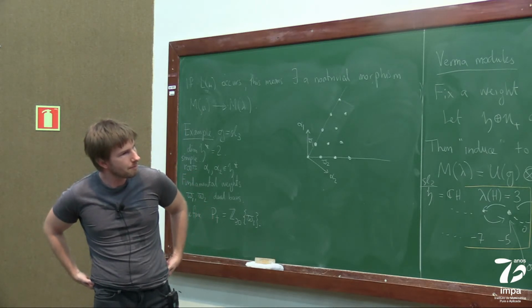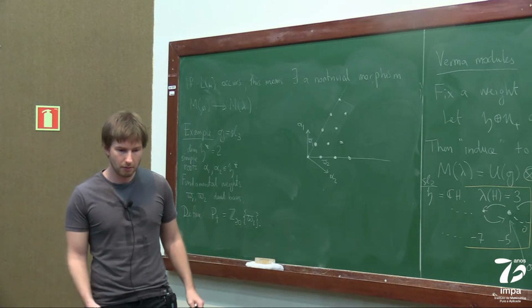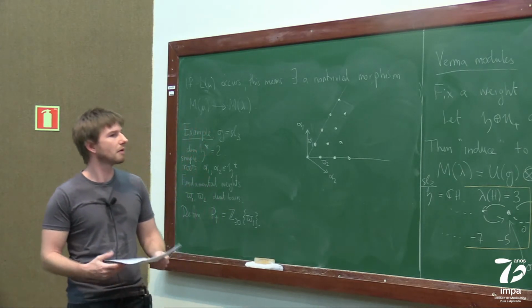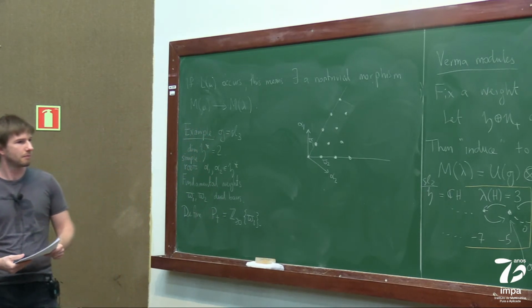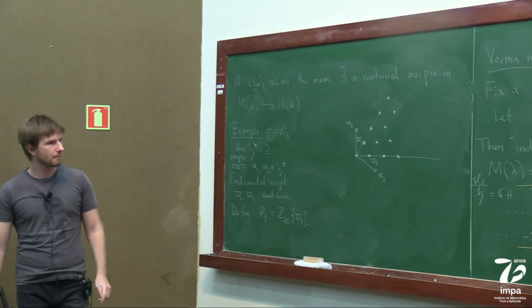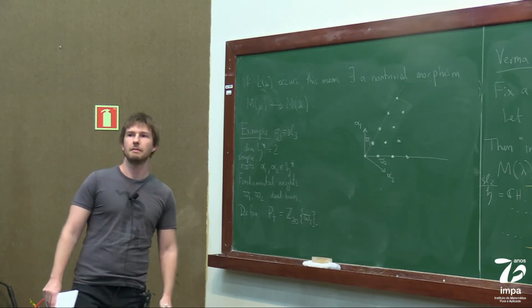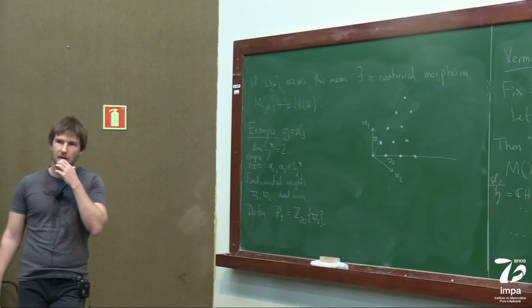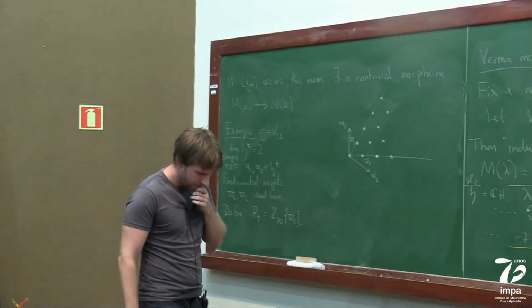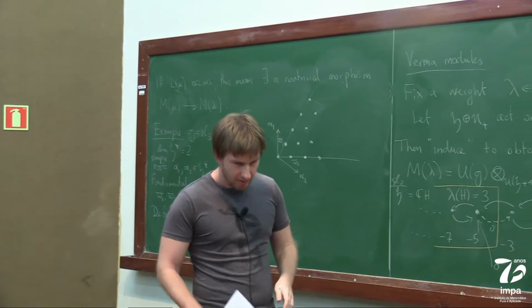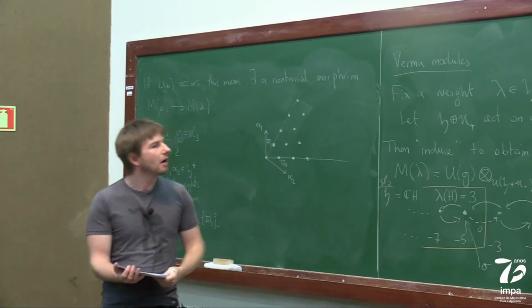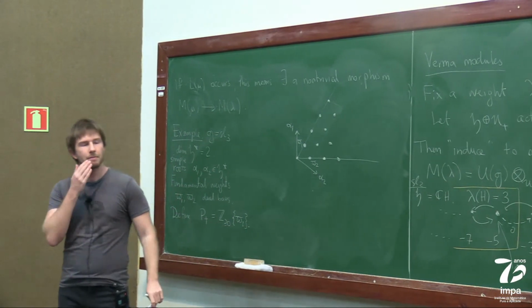Mm-hmm. Then from M i, there's a map to M. Therefore, from M i divided by M i plus 1, there's a map to M divided by M i plus 1. Right. And how are you inferring that from there, there's a map to M instead of to M? Or are you lifting the M i plus 1?